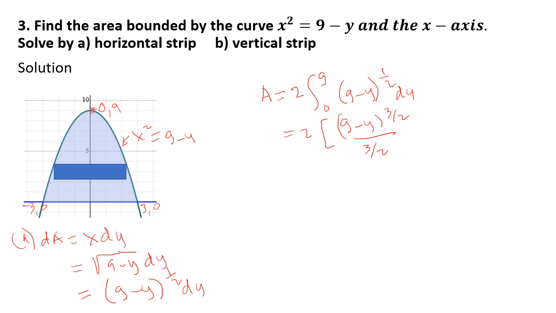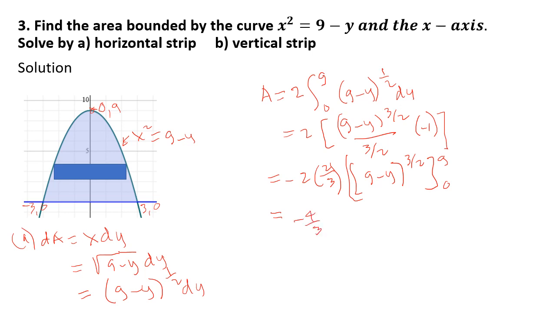So you have that minus 1, or equivalent to minus 2 times 2 over 3 times (9 minus y) to the power 3/2, limit from 0 to 9, or equivalent to minus 4 over 3 times (9 minus y) to the power 3/2, limit from 0 to 9.